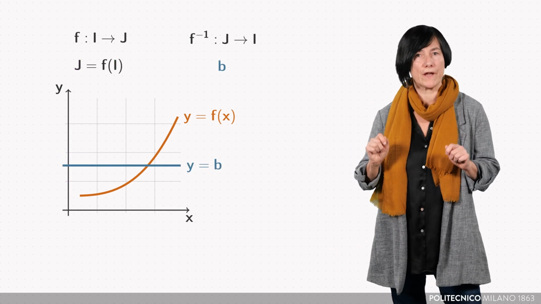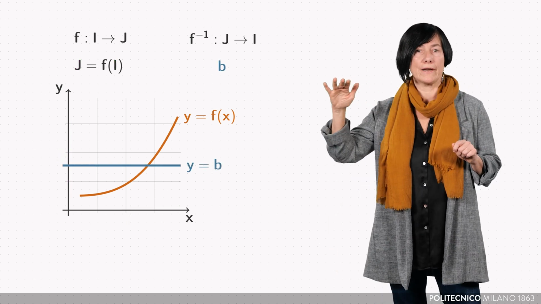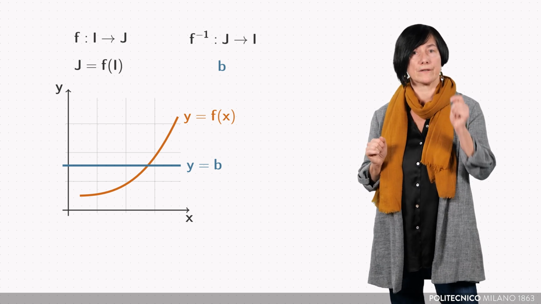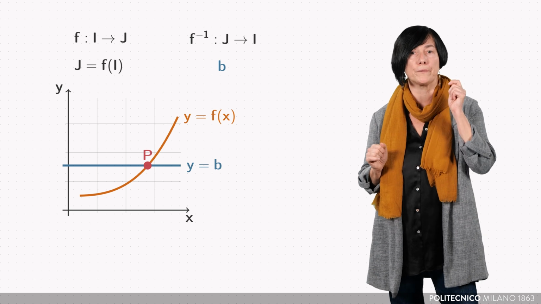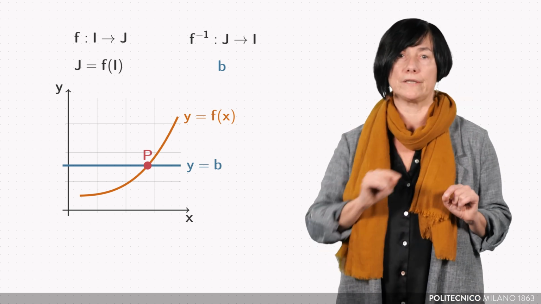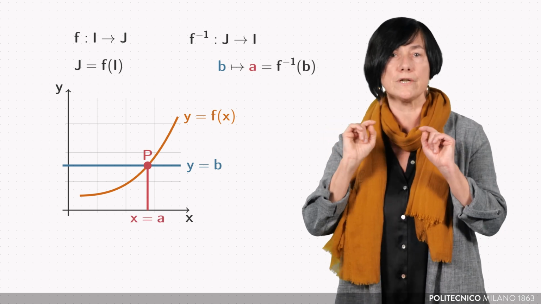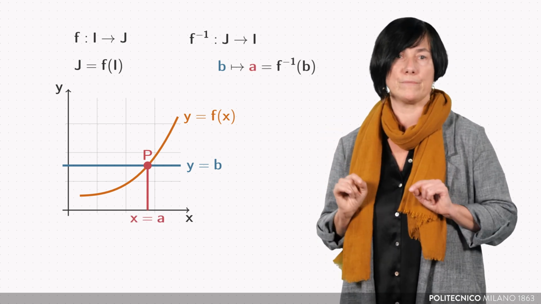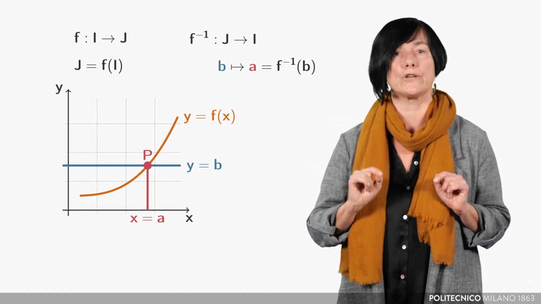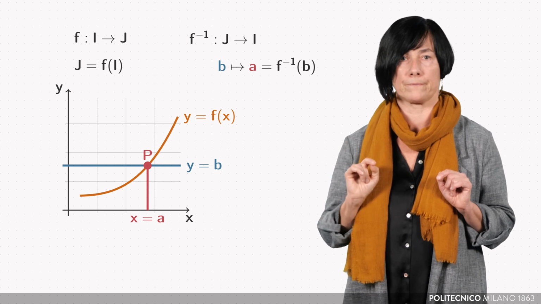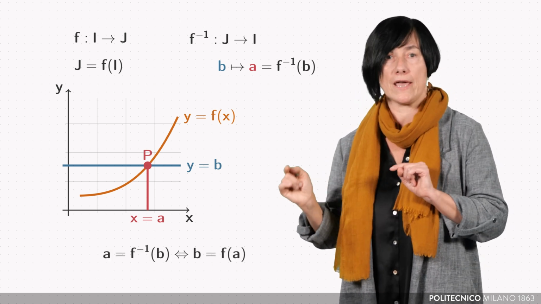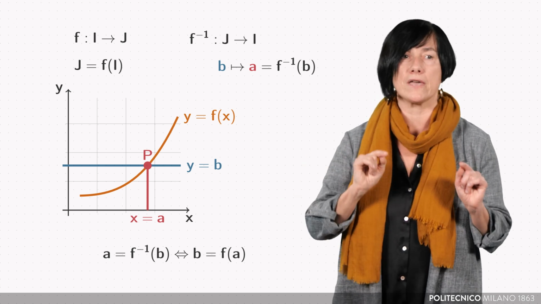Fixed any b in J, consider the horizontal line of equation y equals b, and observe that this line intersects the graph of f at a single point P. The value of the inverse function at b is precisely the horizontal coordinate of this unique intersection point, namely f^-1(b) is the unique solution of the equation f(x) equals b. In summary, f^-1(b) is a if and only if f(a) equals b.